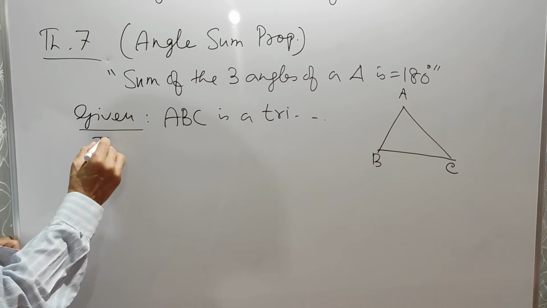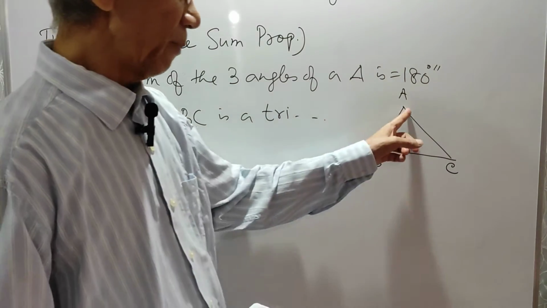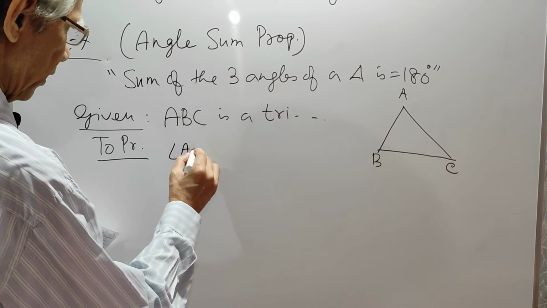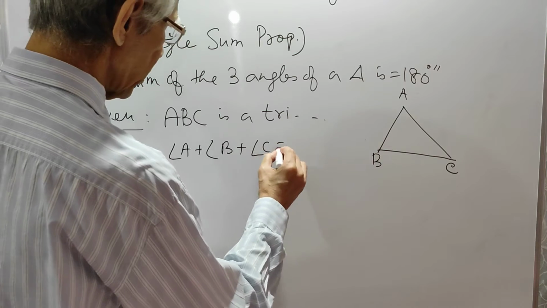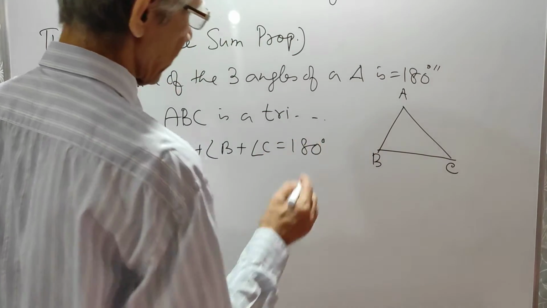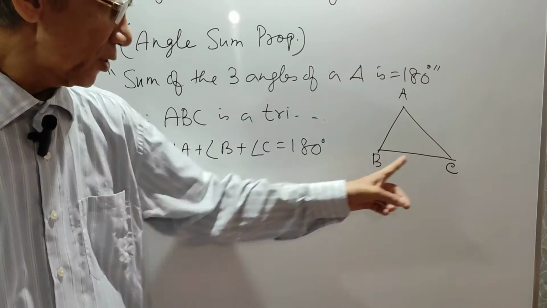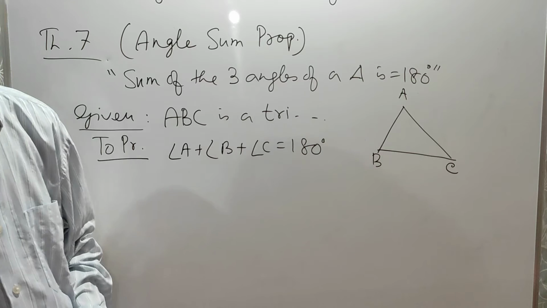And what to prove? To prove angle A plus angle B plus angle C equal to 180 degrees. So ABC is a triangle that is given, and we have to prove the sum of these three angles, A plus B plus C, equal to 180 degrees.